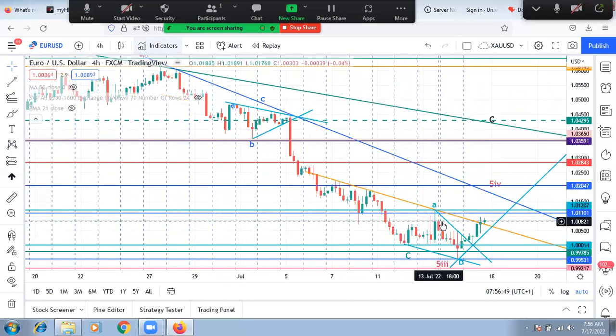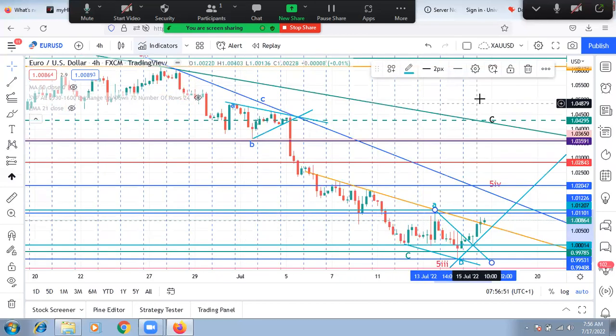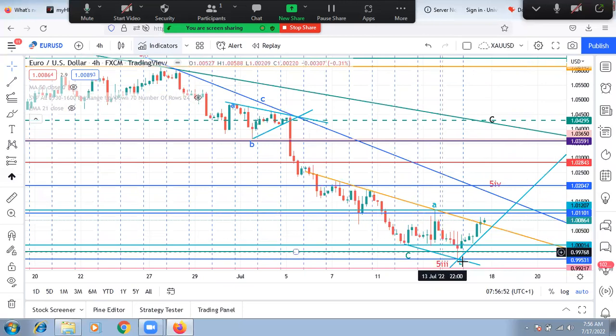So now, after this analysis, I want to give you a giveaway of what I think price is doing and what it's going to do. We know that this is what we expect in the immediate term, and the price should not push above here. If price should push above here and we see price action, it means that we are going further upside.